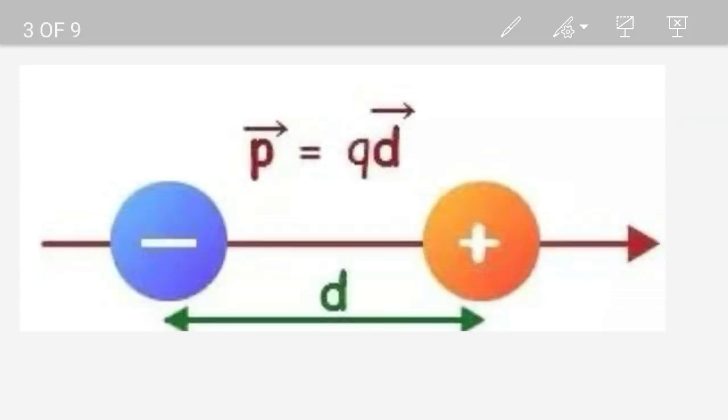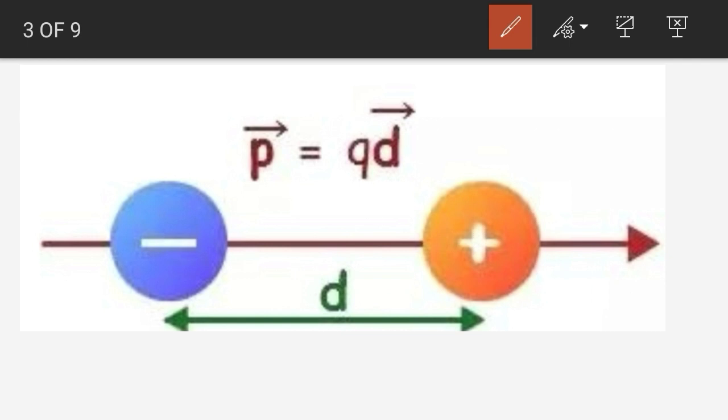so here is a dipole. Suppose a dipole has minus q and plus q amounts of charge, and they are separated by some finite distance. Then the strength of this dipole is measured by a term called electric dipole moment, which is designated by the symbol p.